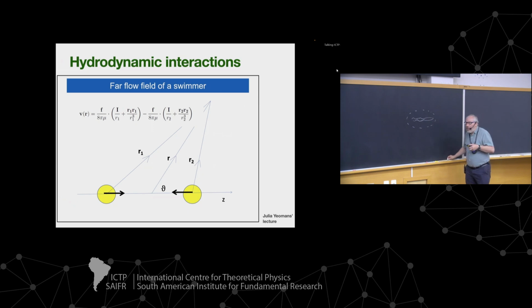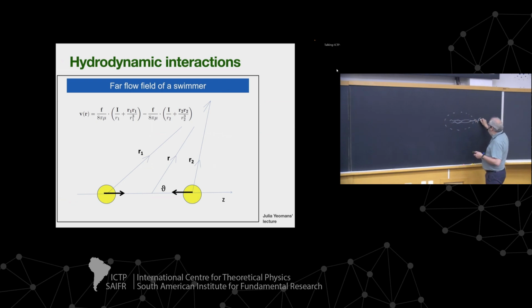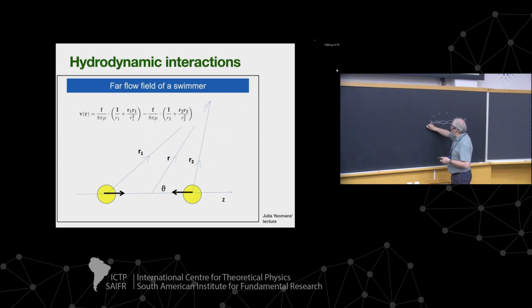To first order, if there's no net force, you can consider that a bacterium is a force dipole. The head is pushing the fluid in this direction, and the tail is pushing the fluid in this direction. So you have 2 point forces, and this is what is represented here.